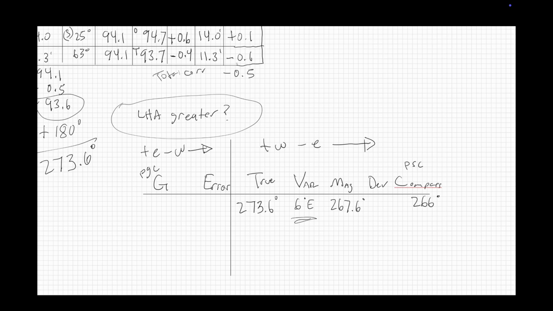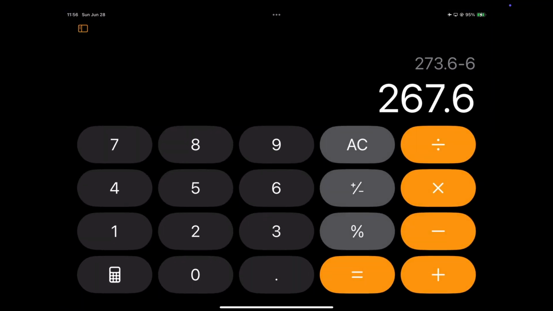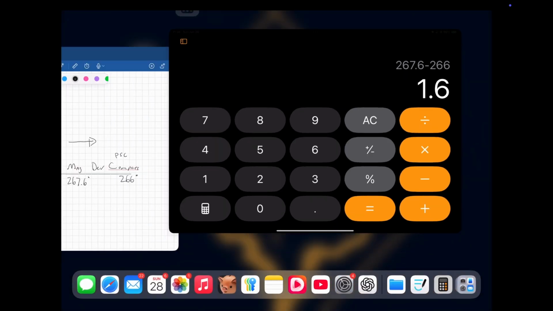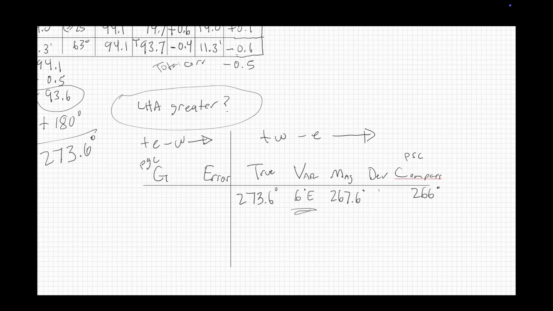Now, what is the deviation? We don't have deviation here, so we need to take the difference, which is higher. The 267.6 is higher. So 267.6 minus 266, and we'll find our deviation. 1.6 degrees.